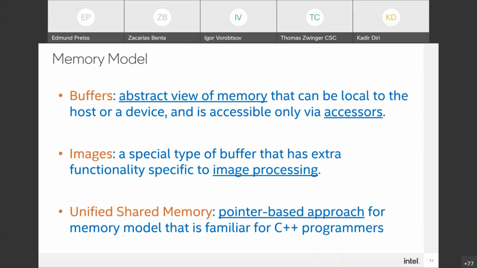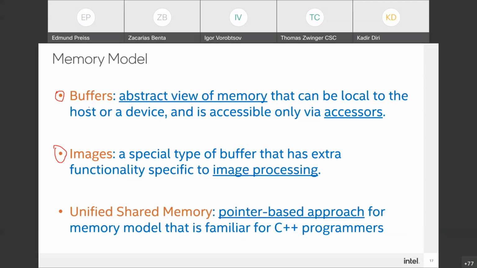And there are three major concepts. Actually, there are two major concepts because two of them are quite similar. Buffers are an abstract view of a memory. It's some kind of wrapper you are using, which makes it possible to access your data inside the device code and to copy the data, to transfer the data from the host to device when it is necessary.